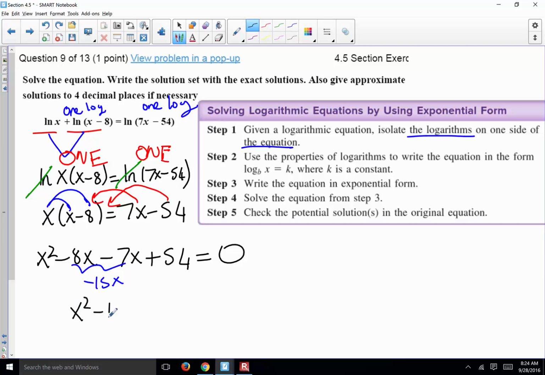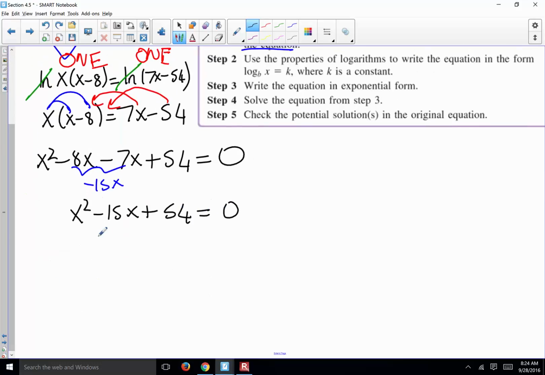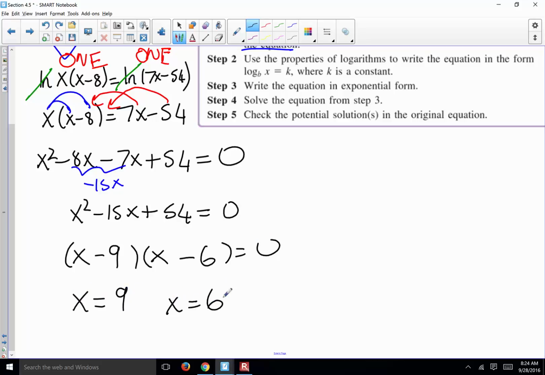Now guess 2 numbers. Their product is 54, but their sum is minus 15. What 2 numbers is that? Good. 9 and 6 with negatives. So you get x equals 9, x equals 6.